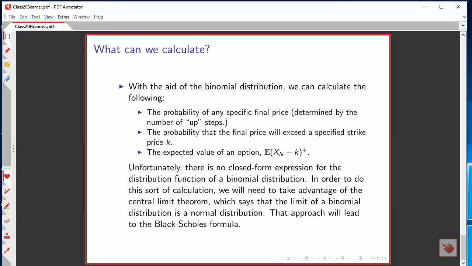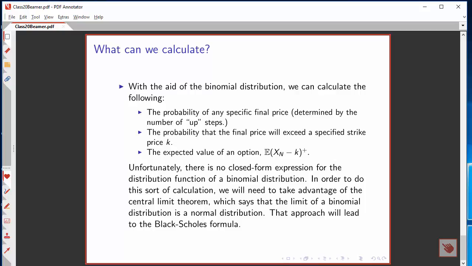However, using just the binomial distribution, we can answer a lot of questions without looking at the details of the intermediate steps. In particular, we can calculate the probability of any specific final price.